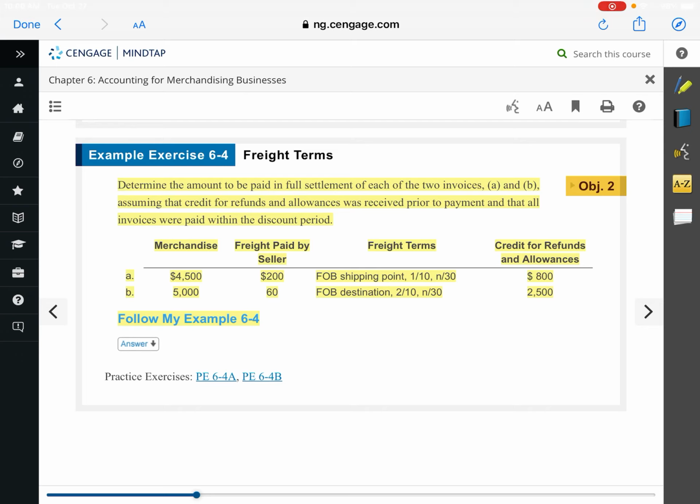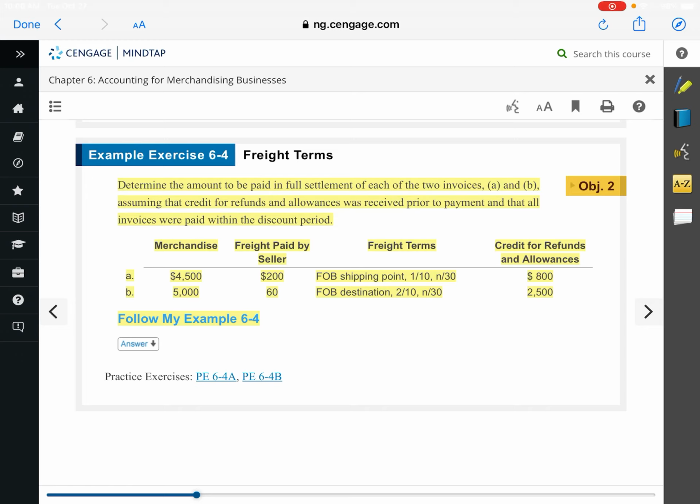Okay? So they purchased $4,455, and they returned $792. So their total purchase was what? So this is before we ever look at freight, okay?